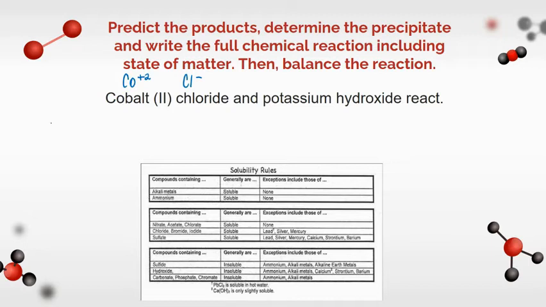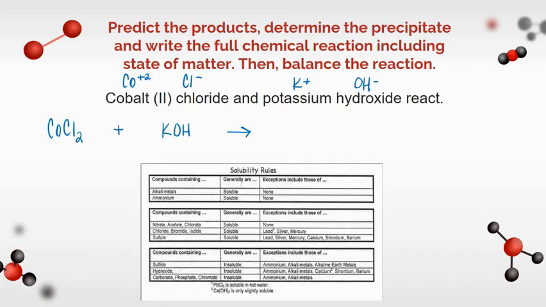Therefore, my first reactant is CoCl2. And it reacts with potassium, K plus 1, hydroxide, OH minus 1. And those are balanced charges, so my second reactant is simply KOH. And they react. What happens?